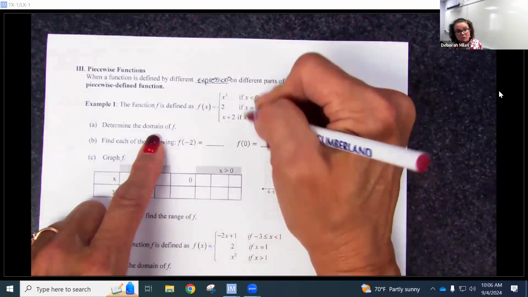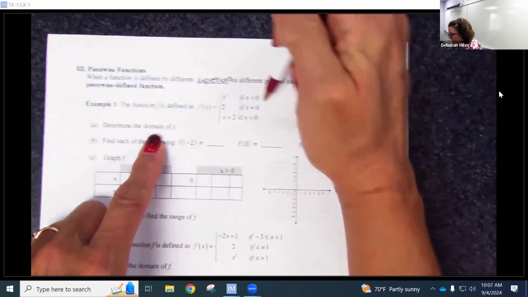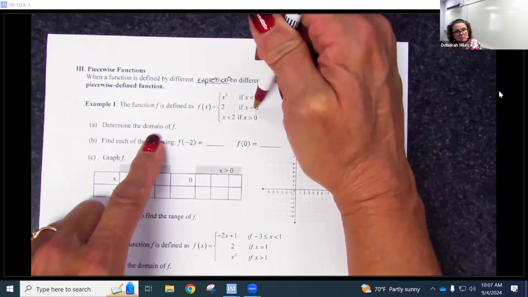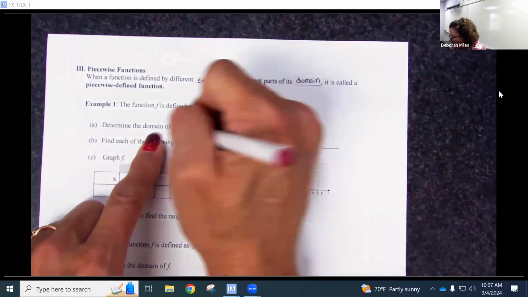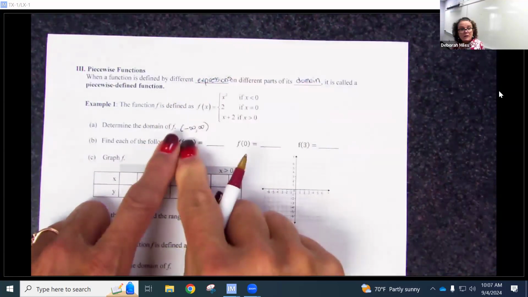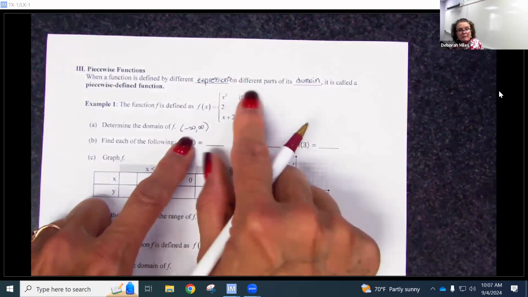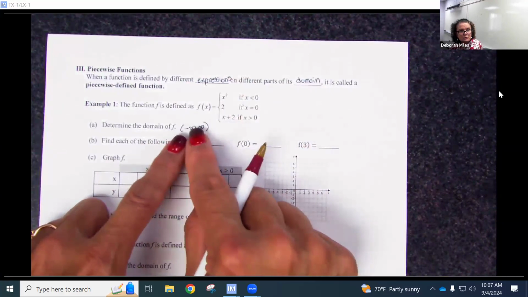What are the x values for which the function's defined? Well, it's defined for all negative numbers. It's defined for 0. And it's defined for all positive numbers. So the domain is negative infinity to infinity. It's not the same expression for every part of its domain, but it is defined from negative infinity to infinity.